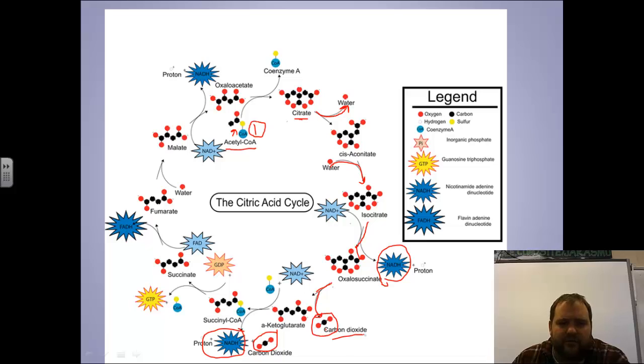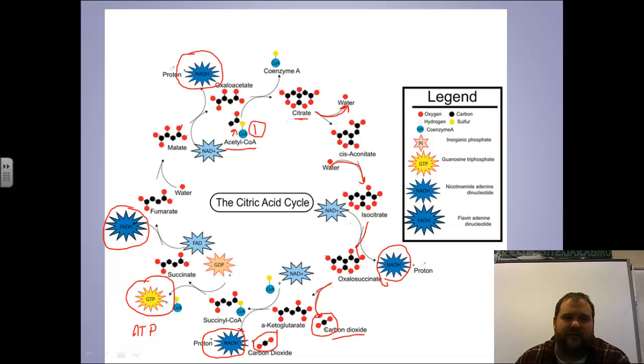When we do this, we generate these NADH molecules, and we generate, in this one it calls it GTP, but essentially it works the same as ATP, and we're just going to call it ATP to make our life simple. Then over here we also generate an FADH that's just like that NADH, and we generate another NADH up here. Eventually we end up with malate, and then we go right back to where we started.